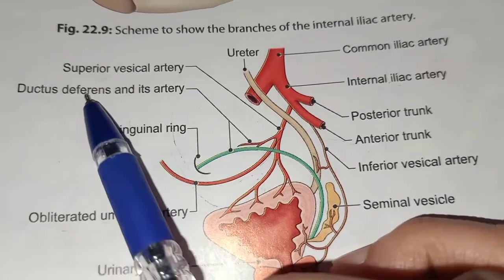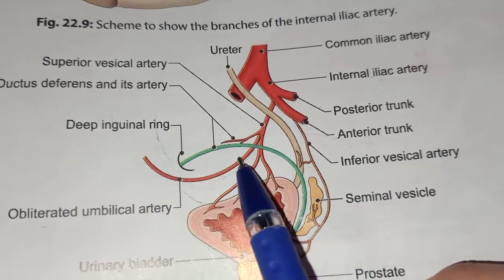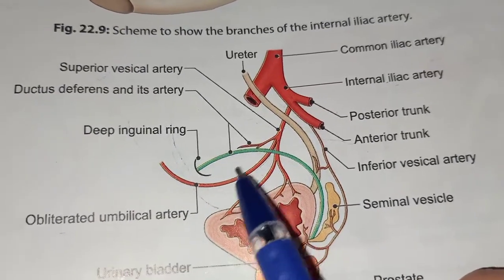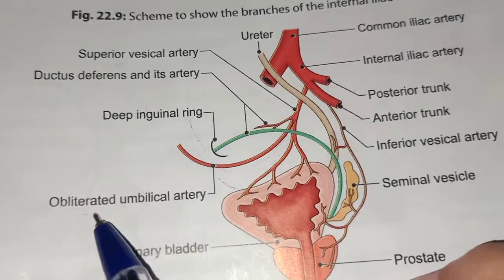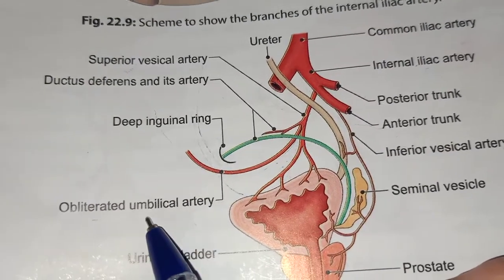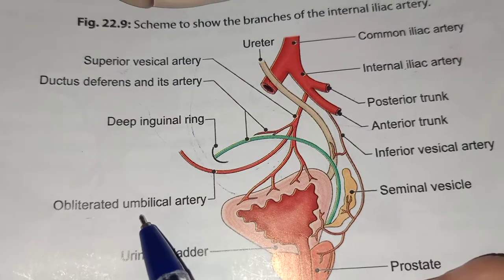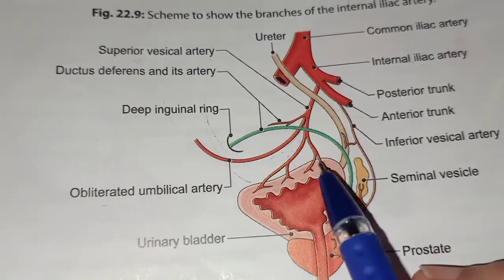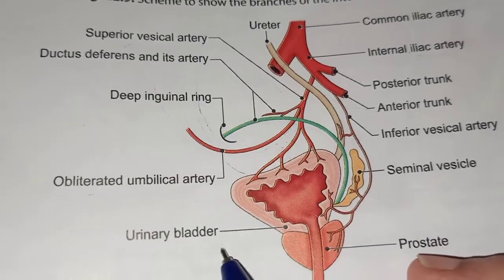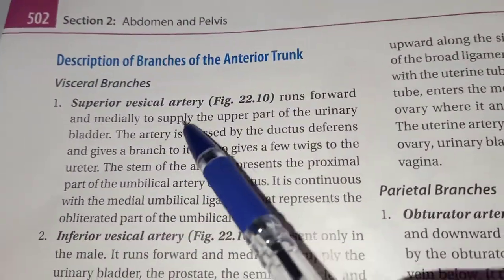Also it is crossed by the ductus deferens in males, so it gives branches to the ductus deferens. The stem is a representation of the obliterated umbilical artery, and it is supplying mainly the upper part of the urinary bladder. So this was about the superior vesical artery.